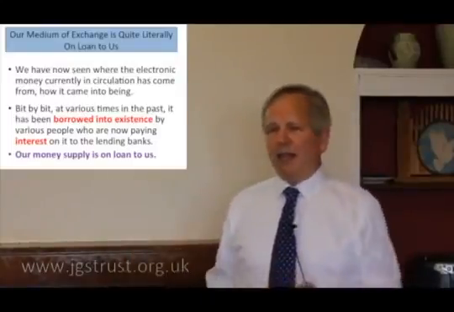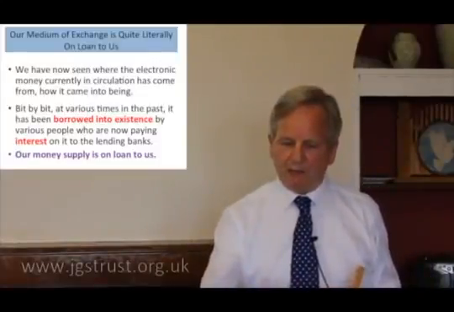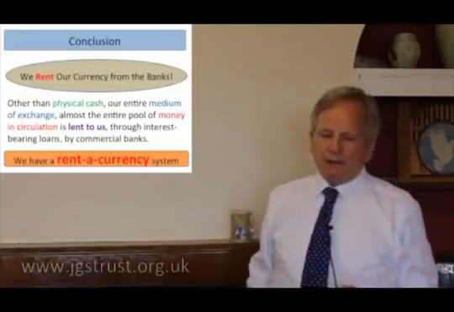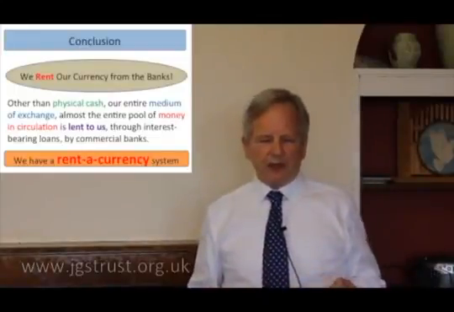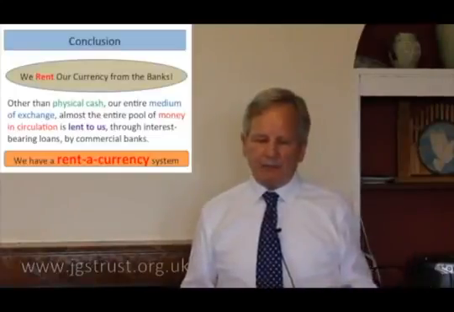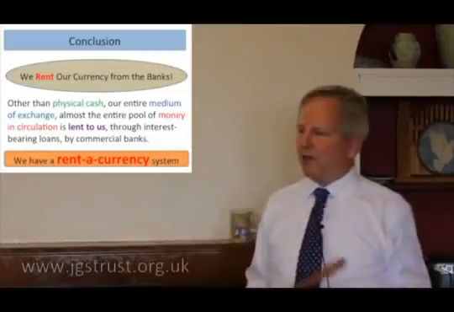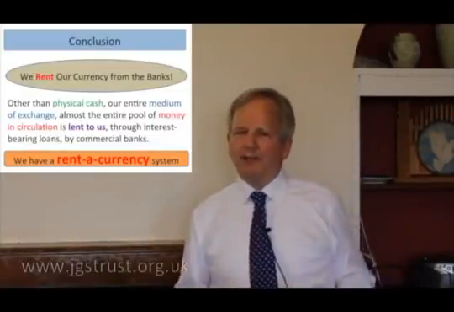It's lent to them by this rather strange banking system. So the conclusion is we actually rent our currency, our medium of exchange, from the banking system, through these interest-bearing loans.